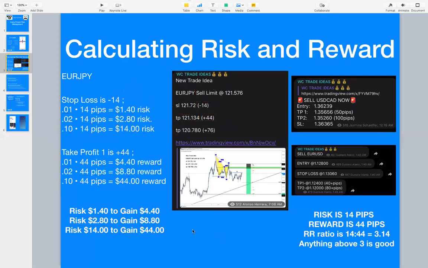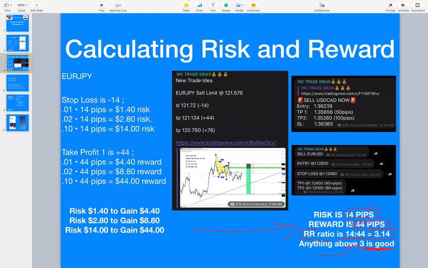Now guys, focusing our attention here. Our risk was 14 pips. Our reward was 44 pips, which means our risk to reward ratio was 14 risk to 44 reward. If you simplify that equation, it's about 1 to 3.14. Any risk to reward ratio that is above 3 is a really good ratio.